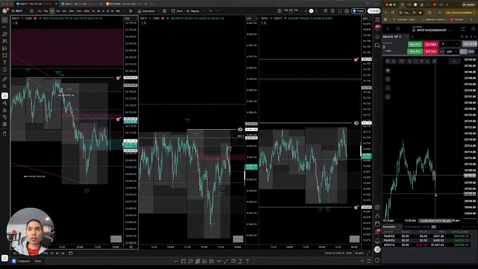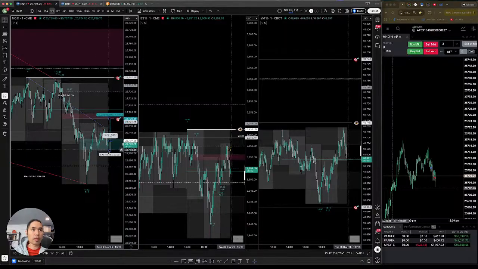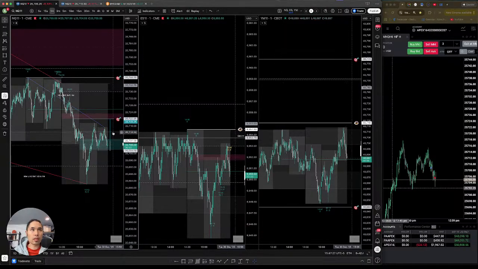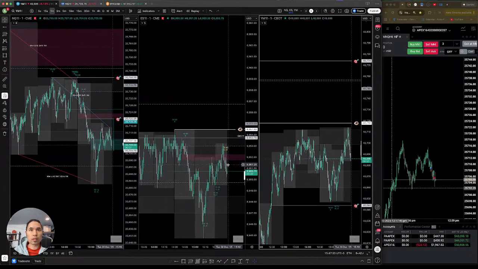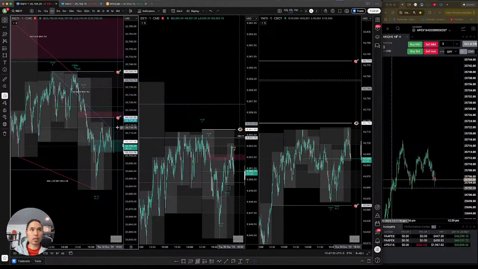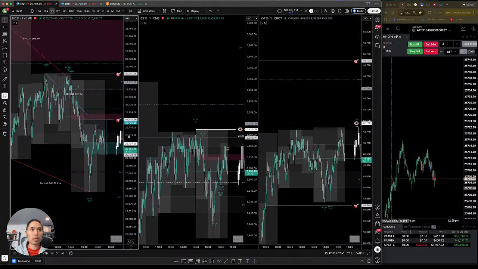Try to scoop it here. Nah, I don't like that because then there's an SMT here. I think YM so wants this. And I think NQ will hit this target here.